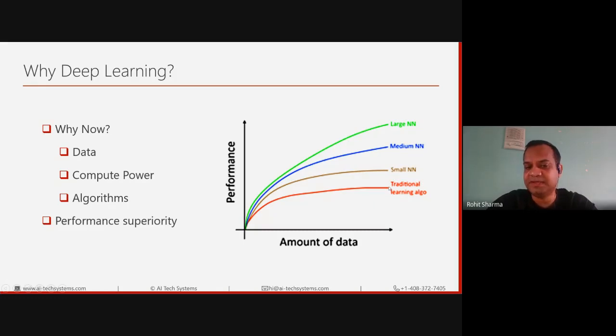By performance, I mean the accuracy mostly here. It will improve the accuracy and start to become flat after some point. It doesn't matter if you feed more data after a point to these traditional learning algorithms, the accuracy just stays flat.